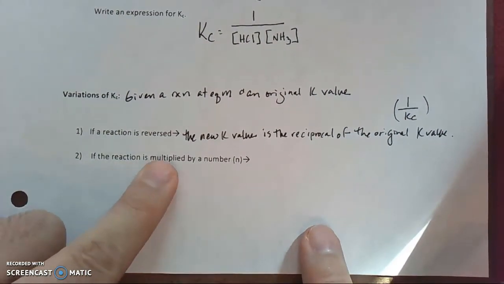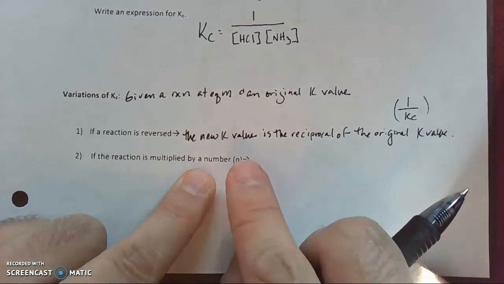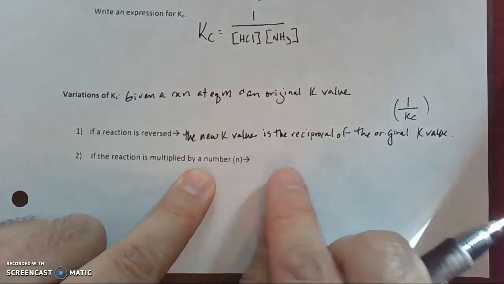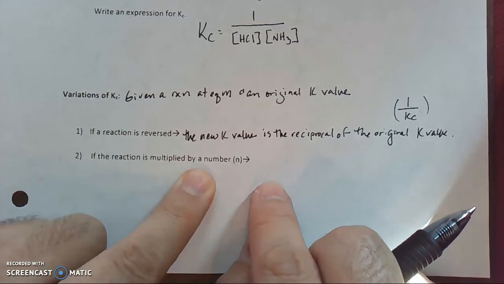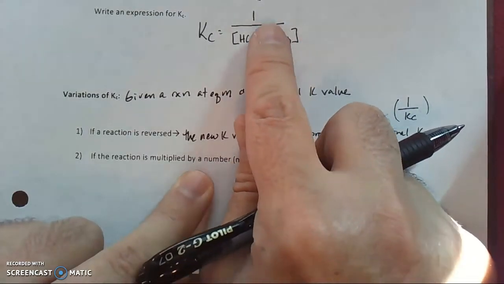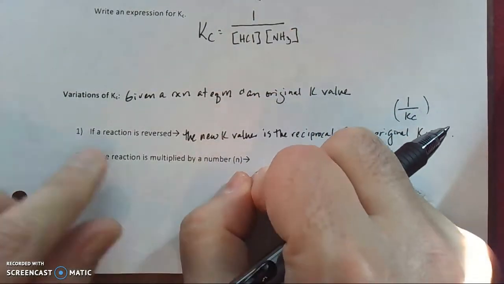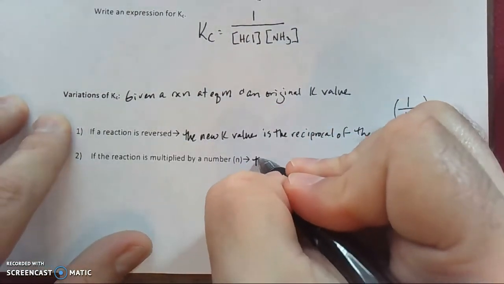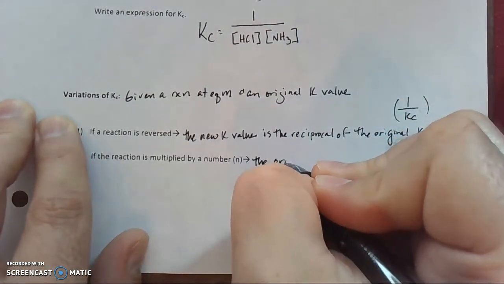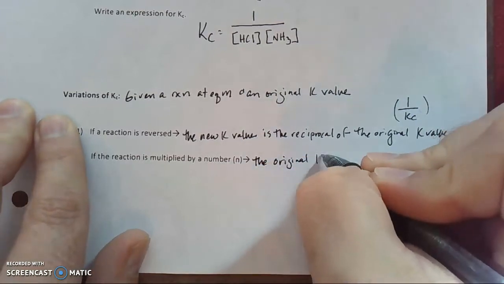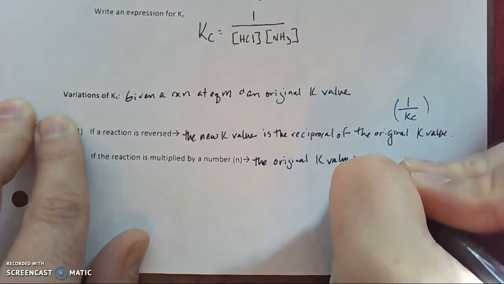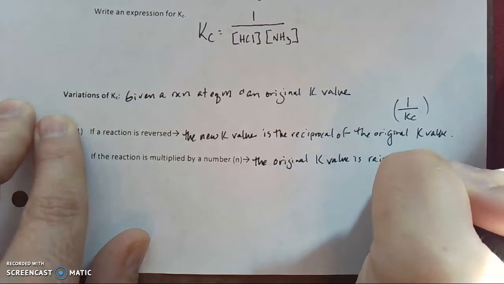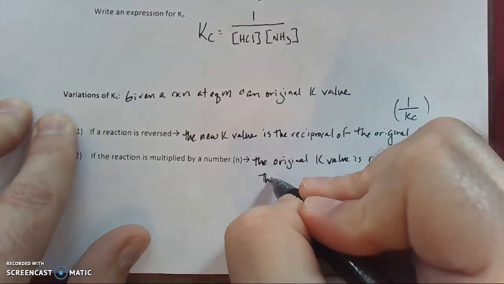If a reaction is multiplied by a number, well, that just means that the coefficients all double. So our exponents would all double in the reaction. So the original K value is raised to the nth power.